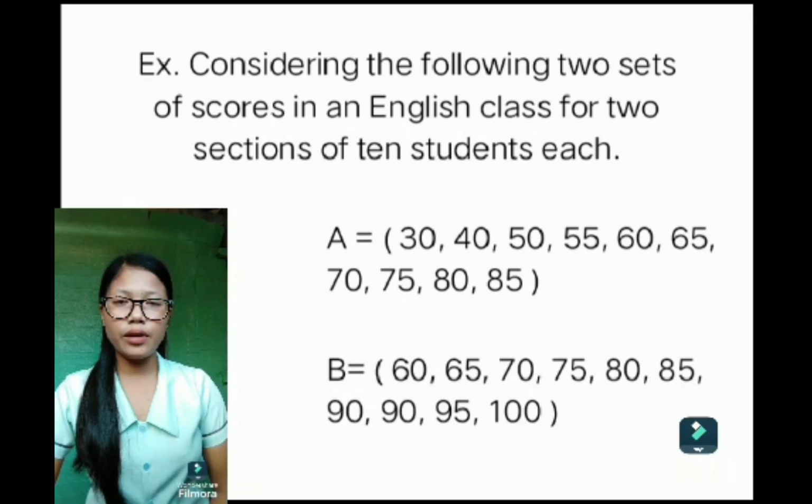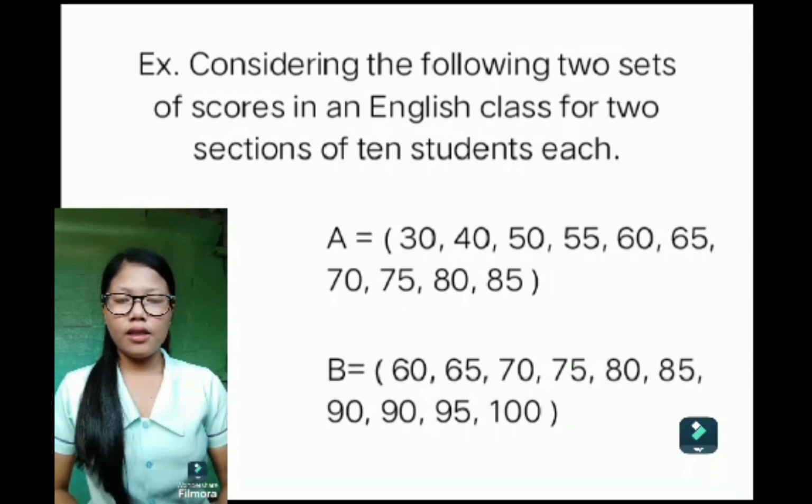In section B, we have 60, 65, 70, 75, 80, 85, 90, 90, 95, and 100. In the first class, the student who got the raw score of 75 would get a grade of 80%.